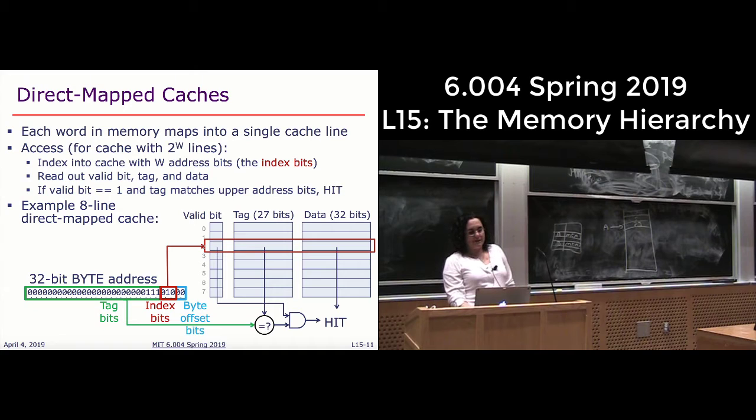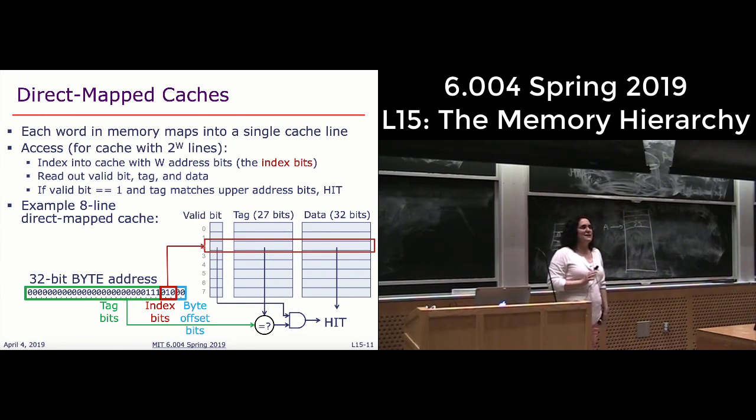And so what's going to happen? I'm going to ask, are these 27 bits equal to the 27 bits that are stored in the line at this index? If so, and I also have the valid bit being a 1 and I got a tag match, then I consider this to be a cache hit. So let's talk about this for a second.